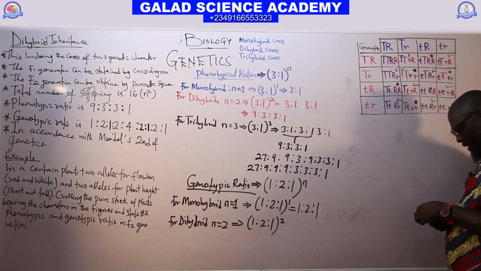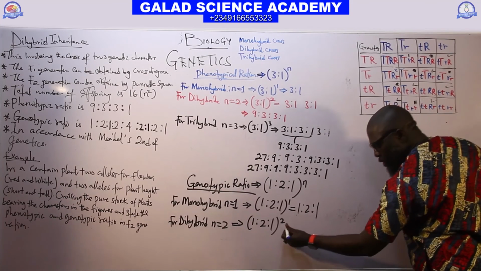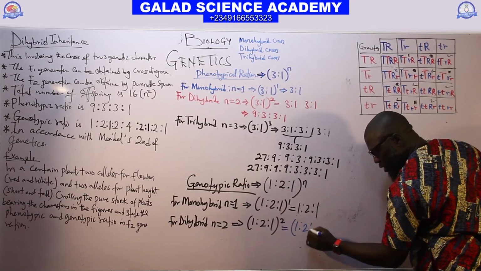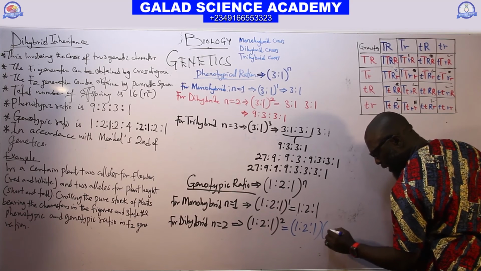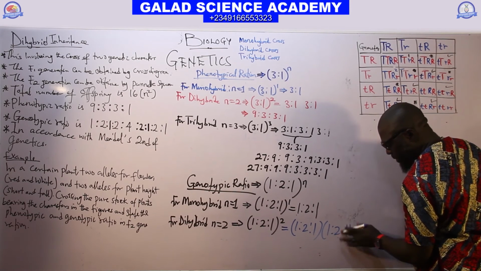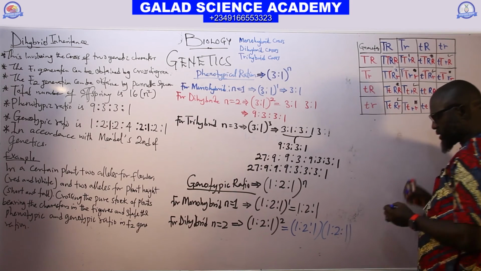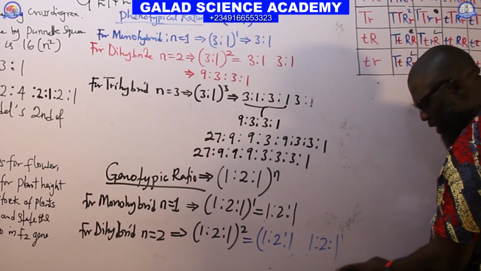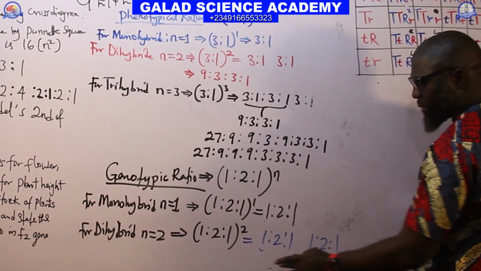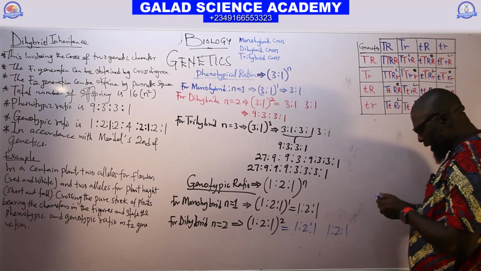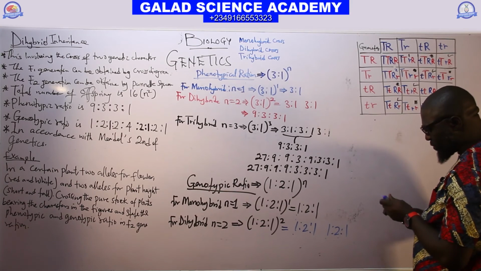And if this is the case, you can rewrite this as 1:2:1 into bracket 1:2:1. You write it twice. If you write it twice, we now multiply everything you have. In fact, let us multiply and check what we are going to have.